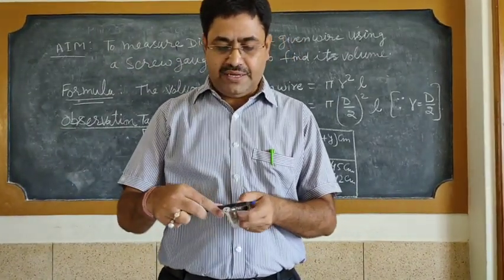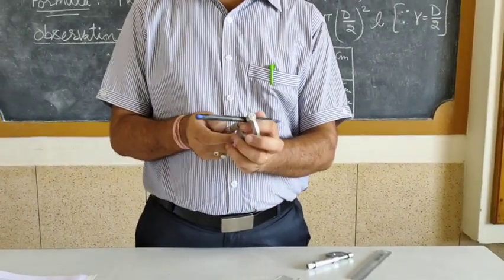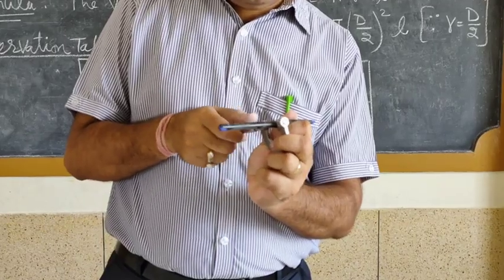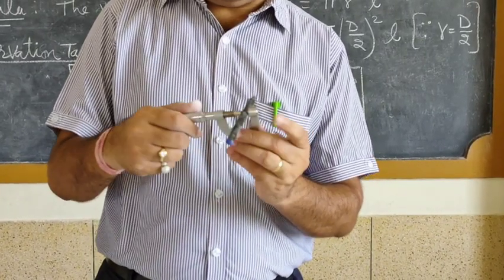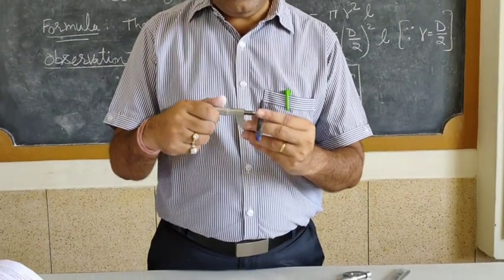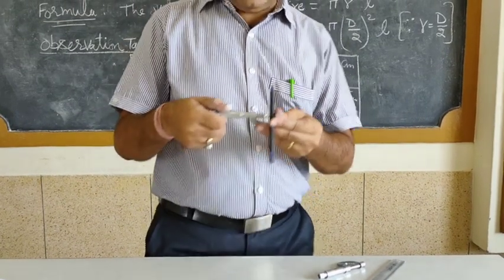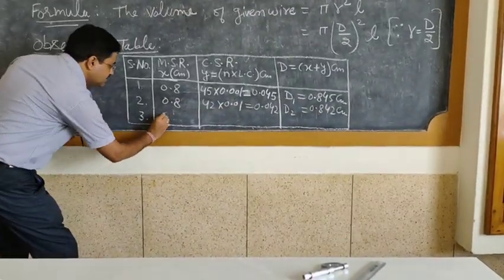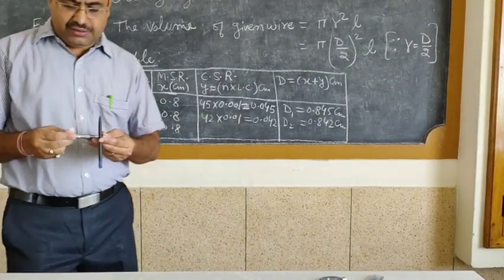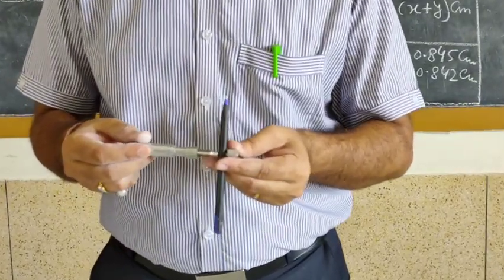In the same way, we can find the third reading also. Because we have to take 3 readings, again I tie the pen in between the studs. Again the main scale reading is 0.8 centimeter. And what is the CSR? It is 43.